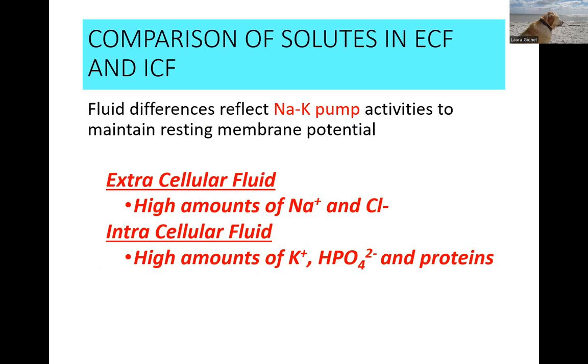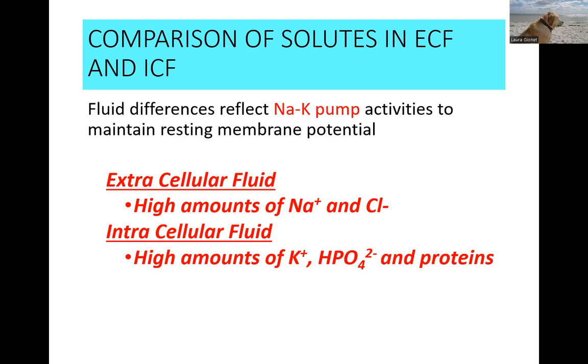Fluid differences reflect the sodium potassium pump activities to maintain a resting membrane potential. Right. So remember that within the cell, we have high potassium levels, and outside the cell, we have low potassium levels. The highest amount of sodium chloride is found extracellularly, not intracellularly, and remember this, because this will really help you understand why changing levels of potassium and calcium can lead to cardiac irritability.